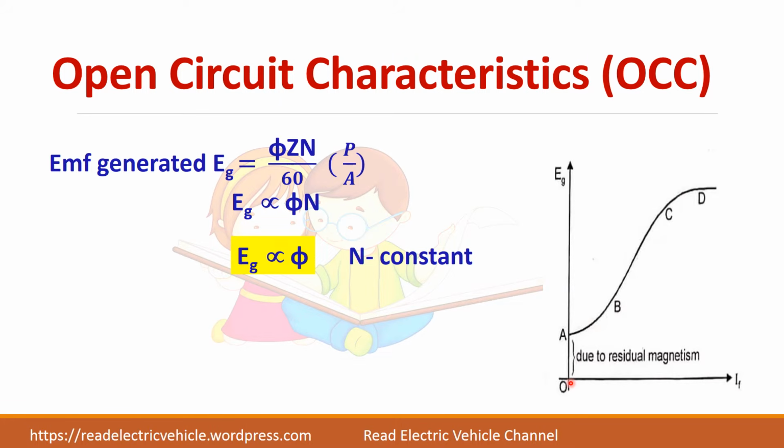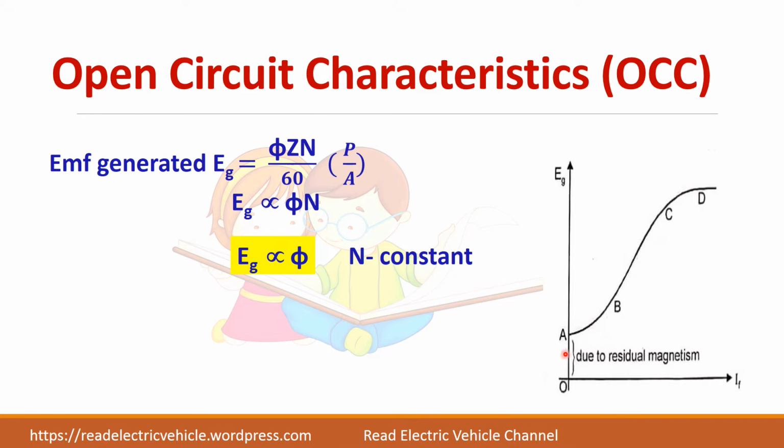So the characteristics, actually it should be a linear one, but we are getting a characteristics like this. If you see here, when the field current is 0, there is some voltage, OA is the voltage. So how are we getting a voltage even at 0 field current? This is due to residual magnetism.